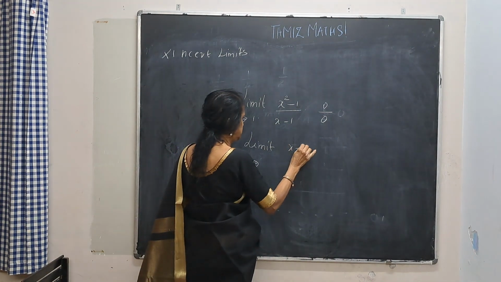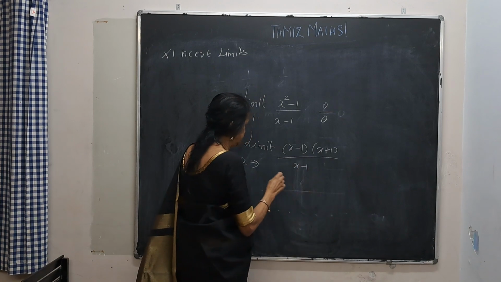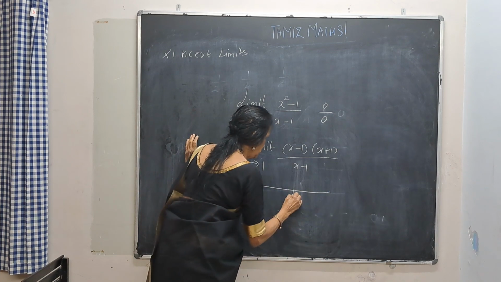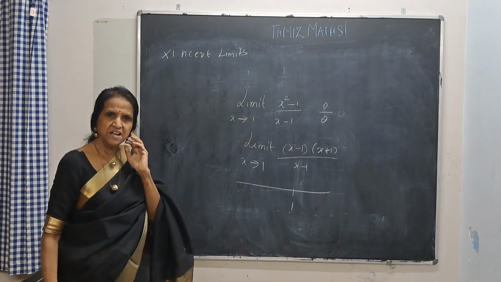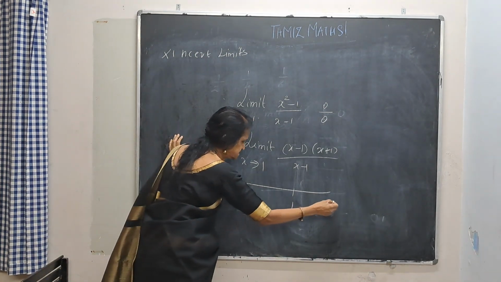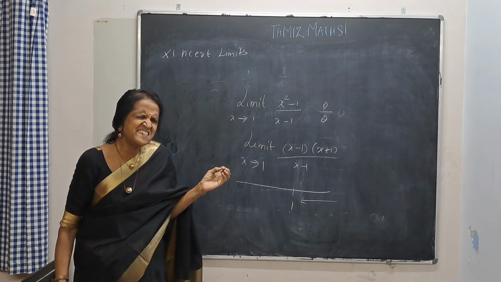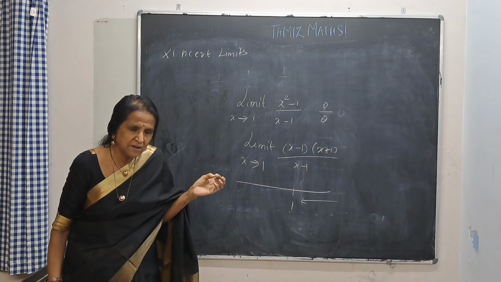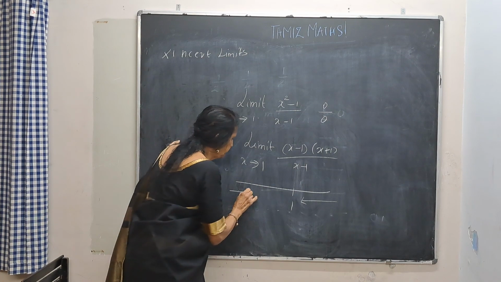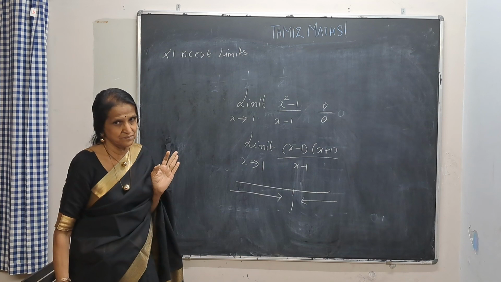x square minus 1 can be written as (x minus 1) into (x plus 1) by (x minus 1), x is tending to 1. So I have x here, 1 is here. x can tend to 1, x can approach 1, x can become close to 1 from this side, where x is always a little more than 1, or it can approach from this side where it is a little less than 1.